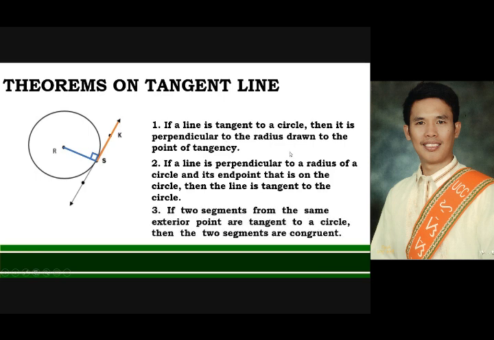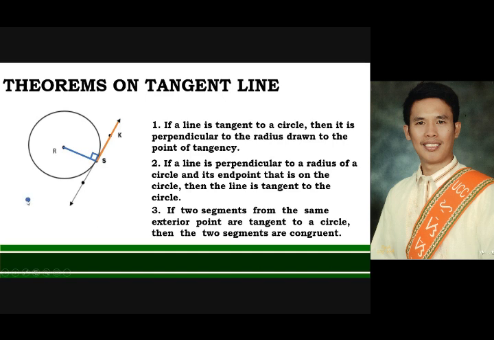Third, if two segments from the same exterior point are tangent to a circle, then the two segments are congruent. So, let's have an example here. Let's say I have a point outside of the circle. This is what we call the external point or exterior point of your circle.